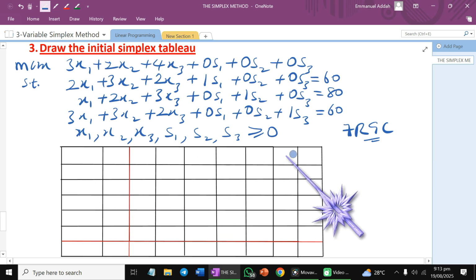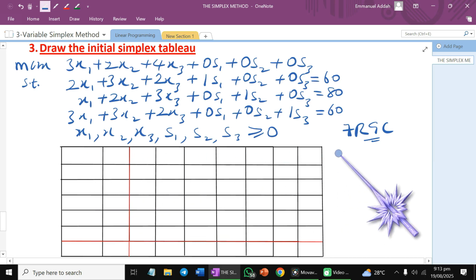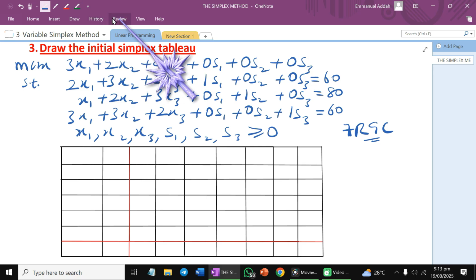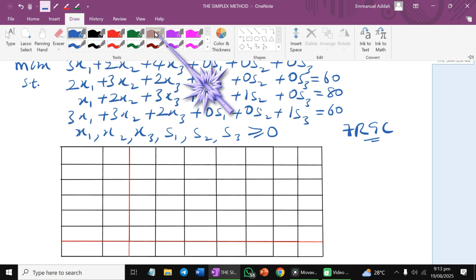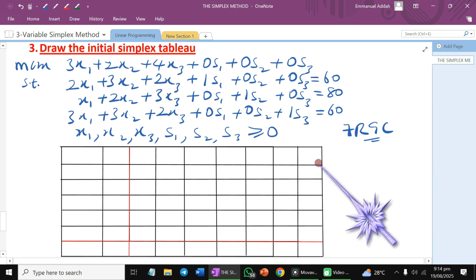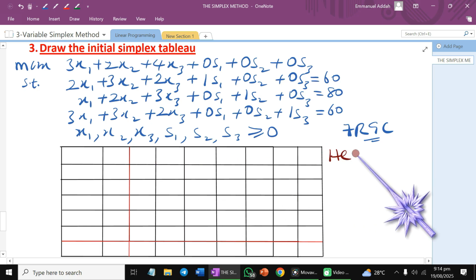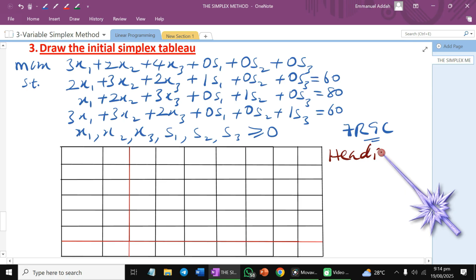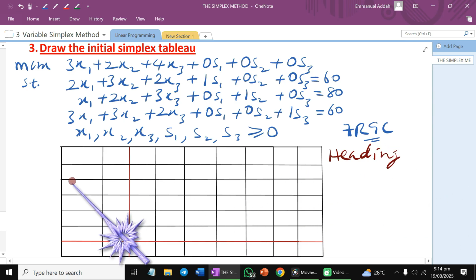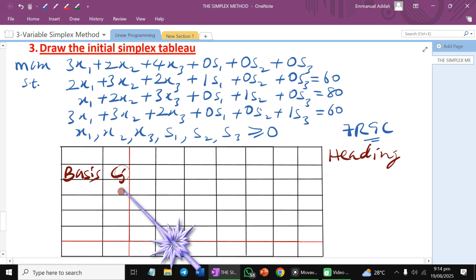This first row here should be the heading. We now come here, after the heading on top, this point here is going to be the basis. Basis will enter there. After the basis, then you have the CJ row.